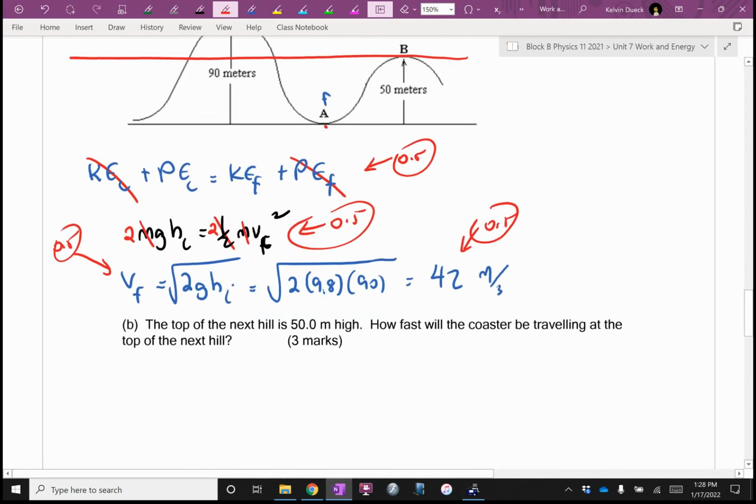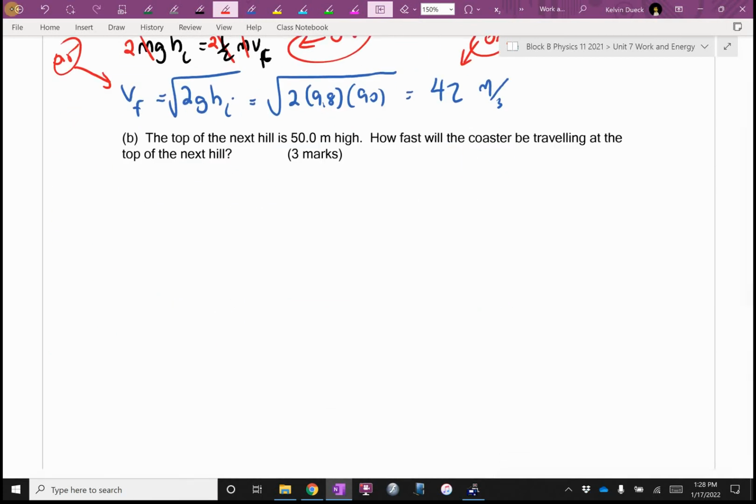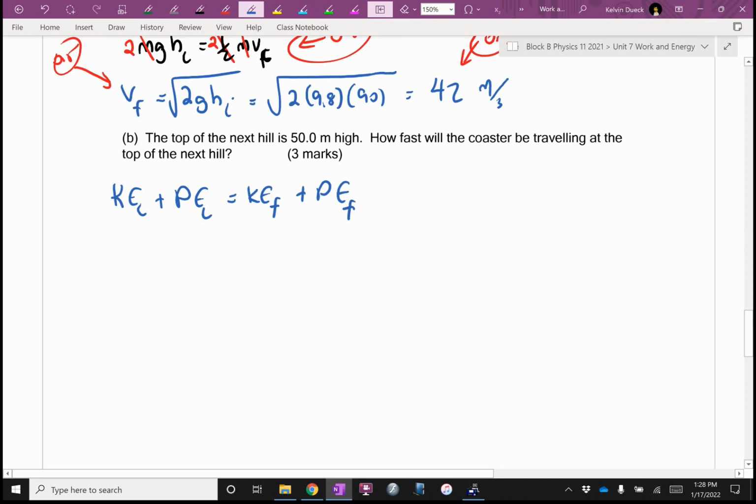If I put the ground right there, it's still conservation of energy. And because I let the ground be the top of the hill, I can say that's a height of 0, and we're still starting out at rest.